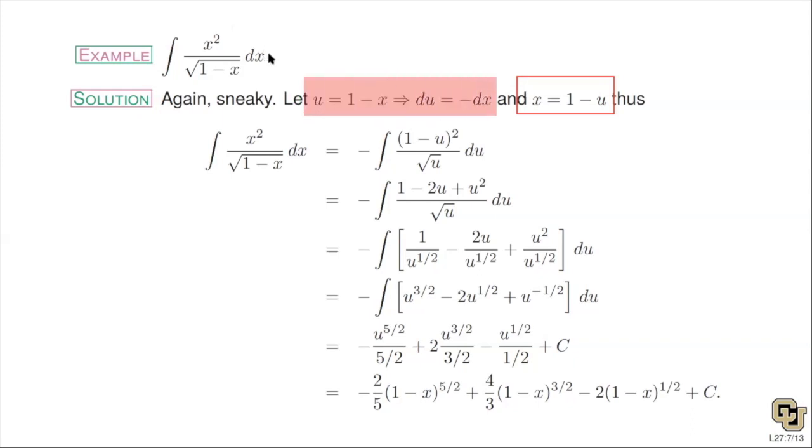And in this case, I even have to get this minus sign in there somehow. By the way, if you just solve for dx, you say dx equals negative du, and you get your negative du right away, however you want to do it. But here we have the additional requirement of solving for x in terms of u. That's the extra thing about this problem that I wanted to show you.